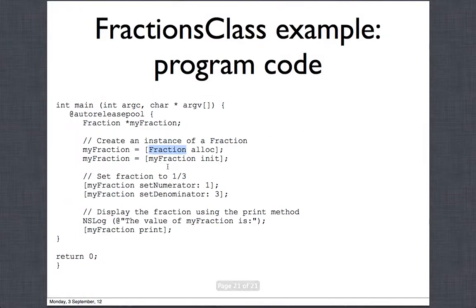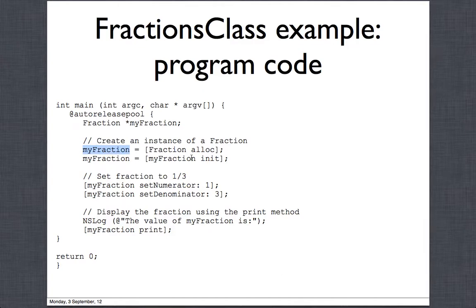This is why we needed to inherit from NSObject. NSObject is a generic object, and it gives you a few methods that you need. One of them is allocation of memory. So we're calling alloc, and it allocates enough memory to hold all the variables we need, and it also sets them to 0.